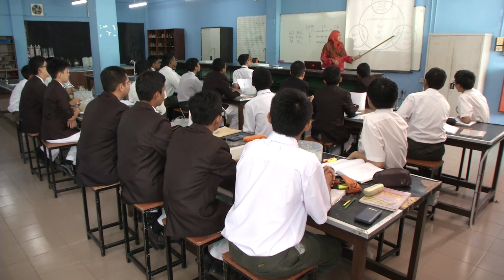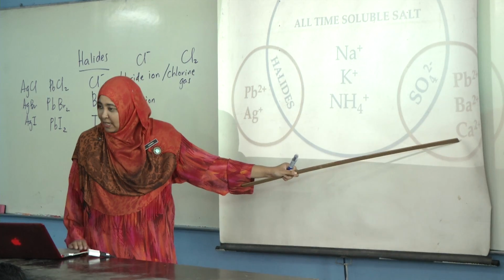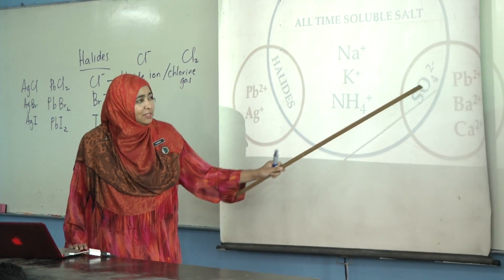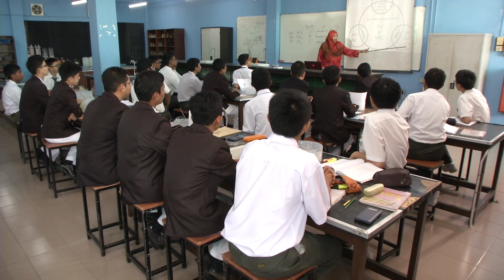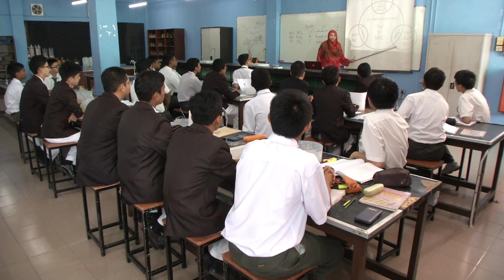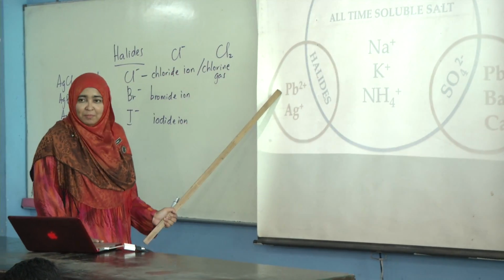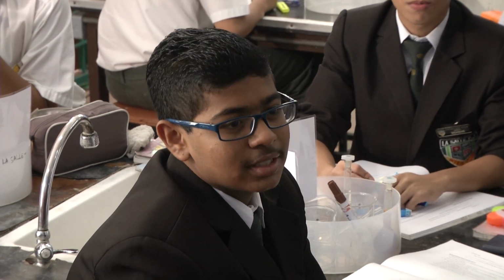Now, let's go to sulfate. For sulfate, we have Pb2+, Ba2+, and Ca2+, which means lead sulfate, barium sulfate, and calcium sulfate. So, how to make it easier? Any example? Just now I gave already, permaisuri agung. Yes, Tanish. Persatuan Bahasa Cina.